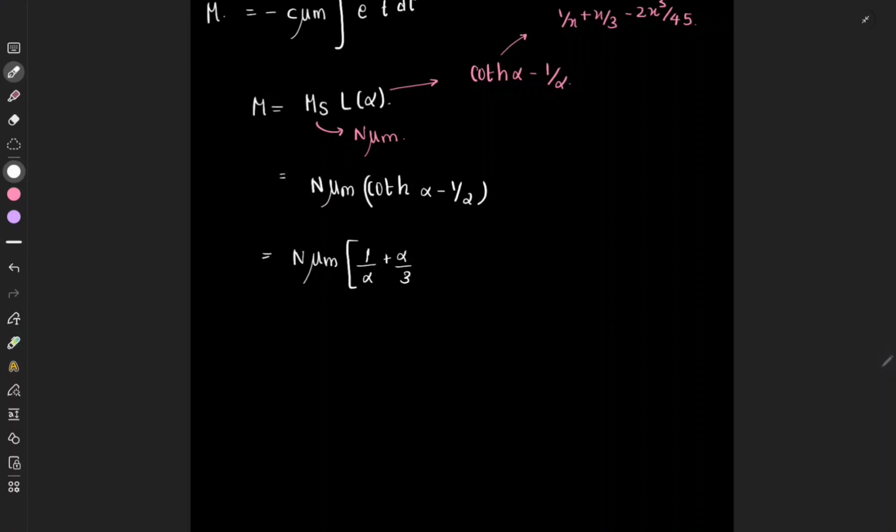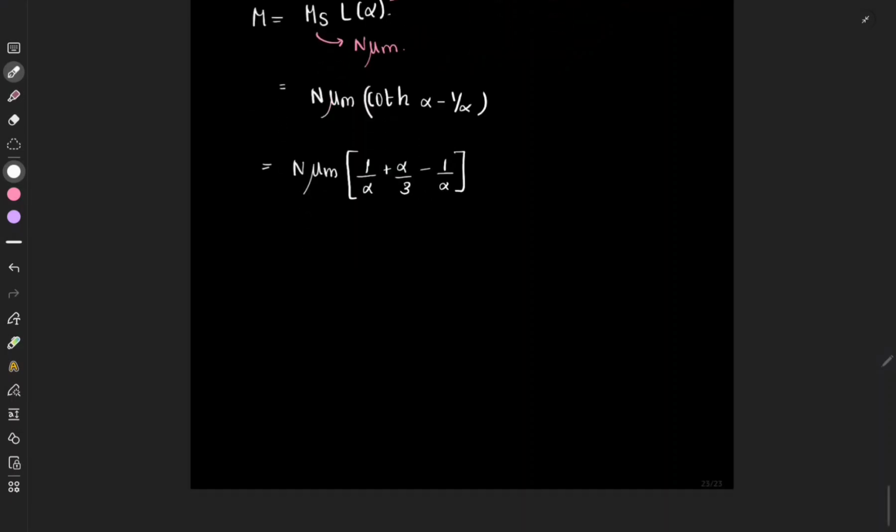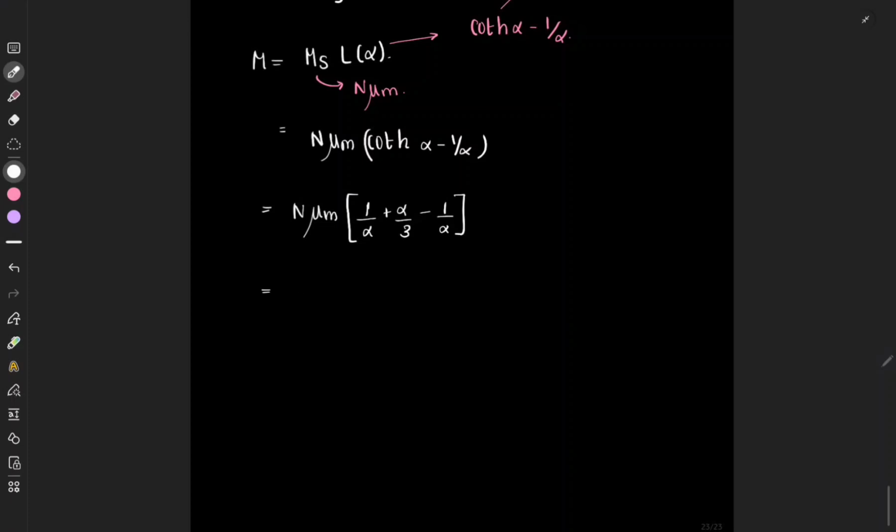The first two terms cancel, so the equation reduces to alpha by 3. So you just have to write n nu m into alpha by 3. That is m.